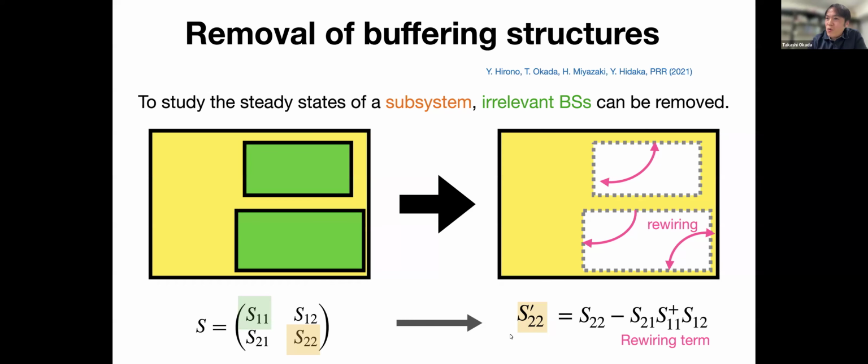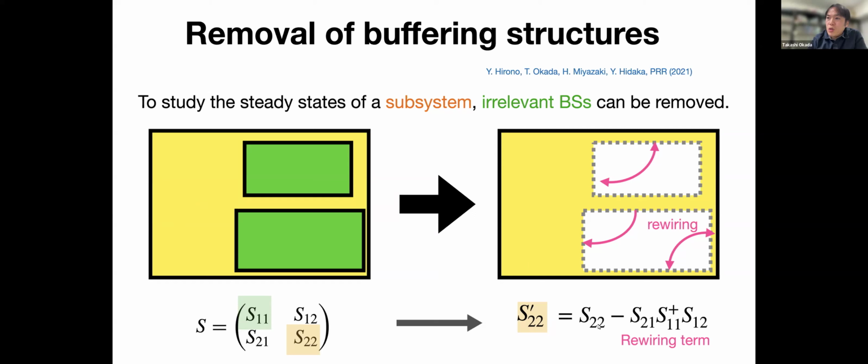And the precise formula is shown on the right here. So here, S22 is the stoichiometric matrix of this yellow part of the original system.